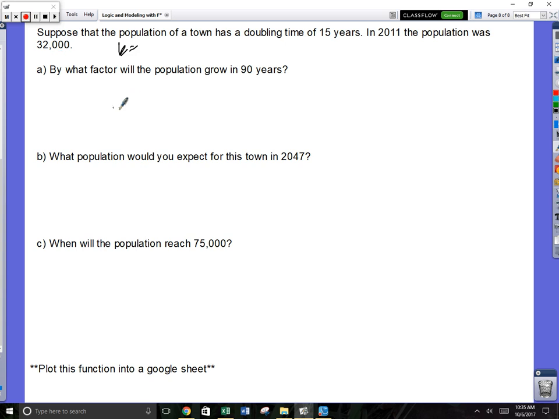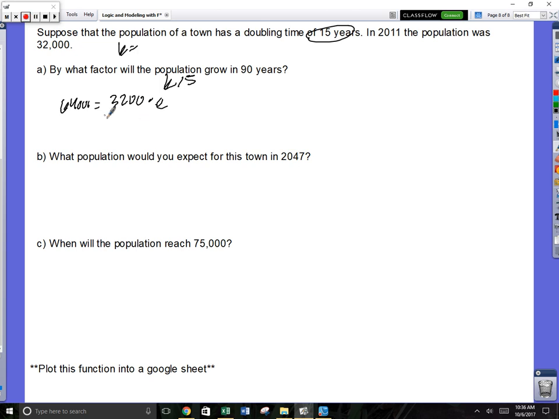Now, let me define k. If I take that 32 grand as my initial value, and I know it's going to double to 64 grand, I'm going to times that by e to the k. I don't know what k is, but I do know that the time is going to be 15.